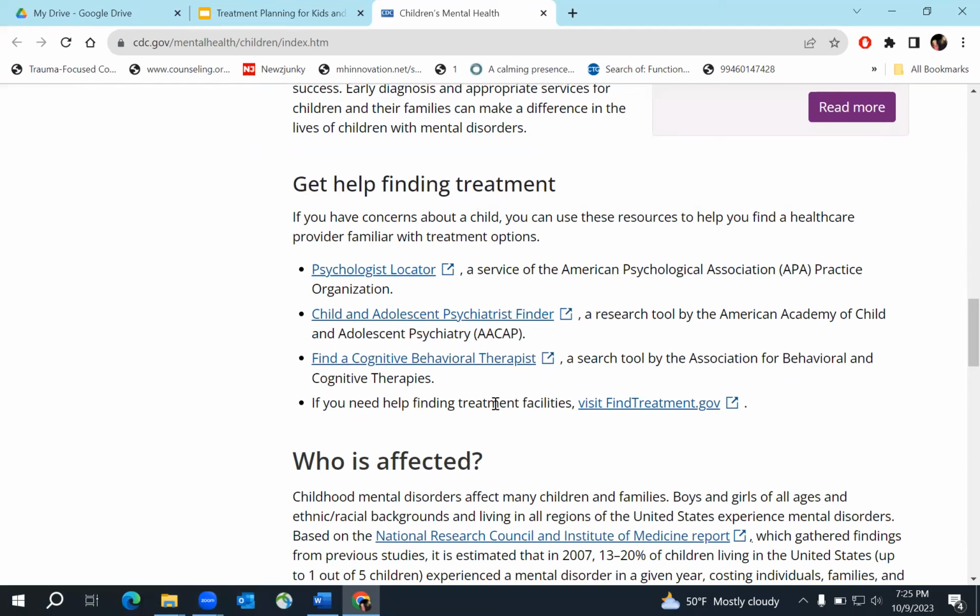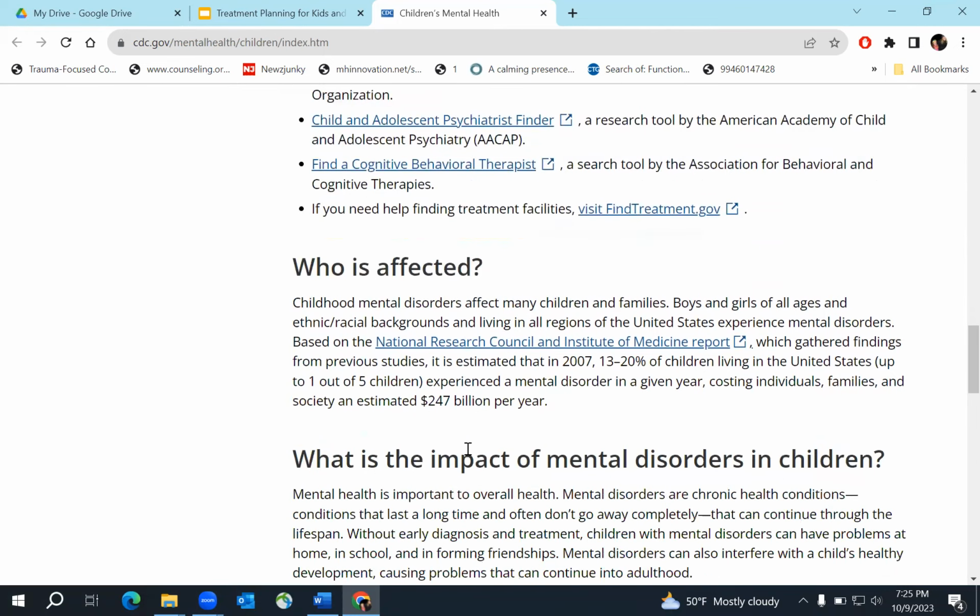So this is twofold. It's a really great resource for families if you're working with families. It's also a really great resource for you looking for a job, right? If you want to continue to work with children and adolescents, you can click on these links and it'll tell you where settings are located where you can do that.